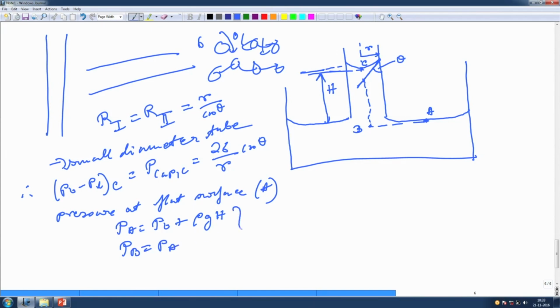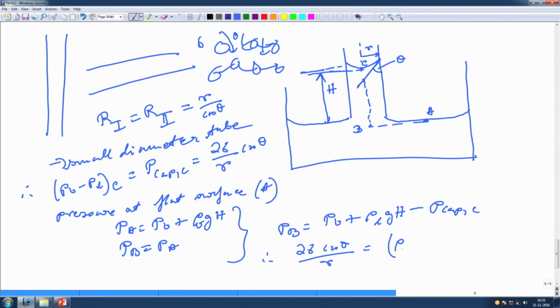From these two relationships we can get P B equal to P V plus rho L G H minus P cap C. The previous one was rho V. Therefore, 2 sigma cos theta by R is equal to rho L minus rho V, into G H. So, you can imagine, there is a simple capillary rise within this particular tube.